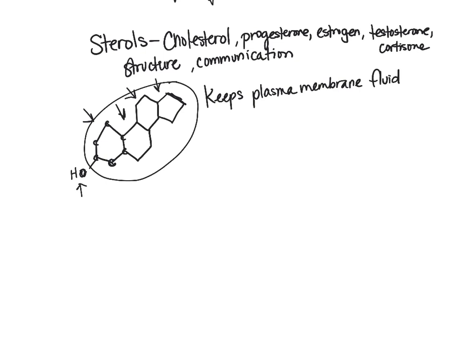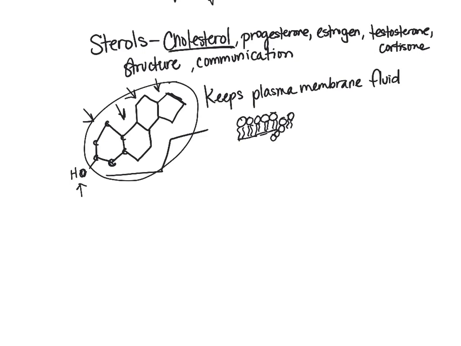Our sterols, or specifically cholesterol, you can see that this is kind of kinked in that same way, and so when we put it in with all of those phospholipids, it's going to maintain the fluidity of the cell because these guys are not able to be packed so close together. So it allows it to keep our plasma membrane fluid.